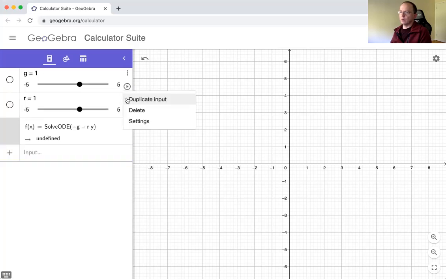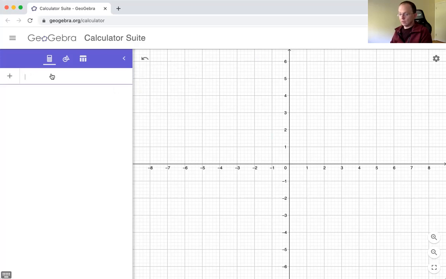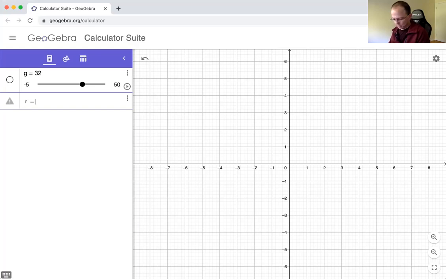Okay, so we don't like this stuff. So G is 32, and R, which is our rho, so we calculated rho to be 12 divided by 55. Oops. 12 divided by 55.